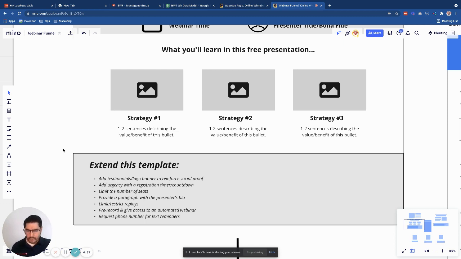Now, there is also, with the webinar, a tendency to keep it really focused on the education component. Remember, this is part of a funnel and a lead flow designed to move somebody to being a customer or a qualified lead.